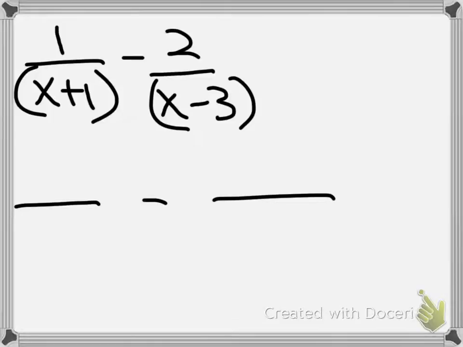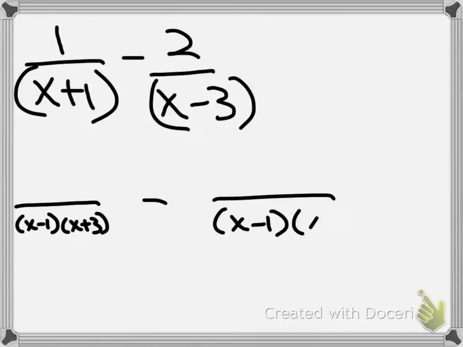So I'm going to have to write this big: an x minus 1 and an x plus 3. Then we say we have an x minus 1, and it's multiplied by something to give us x minus 1 times x plus 3. So what did I multiply this by to turn it into that?